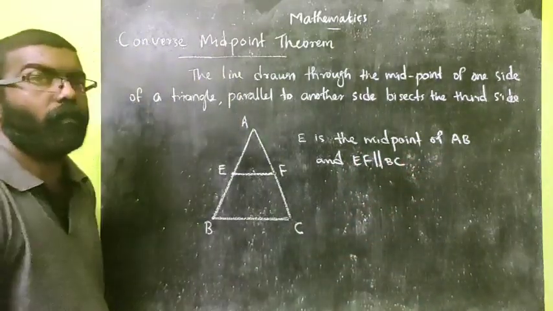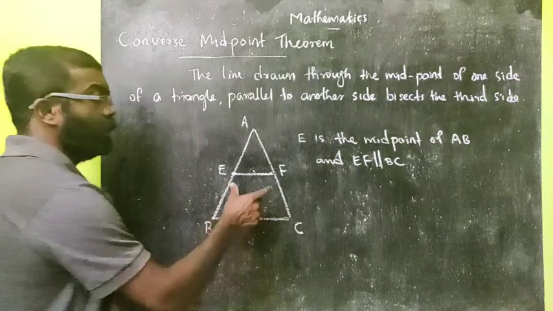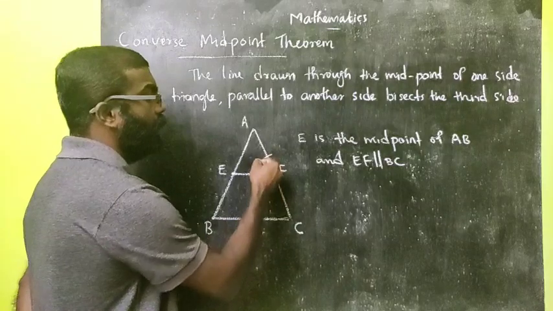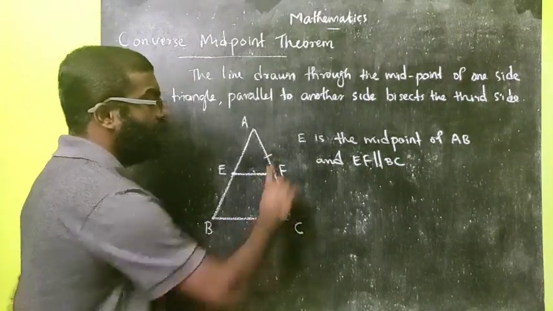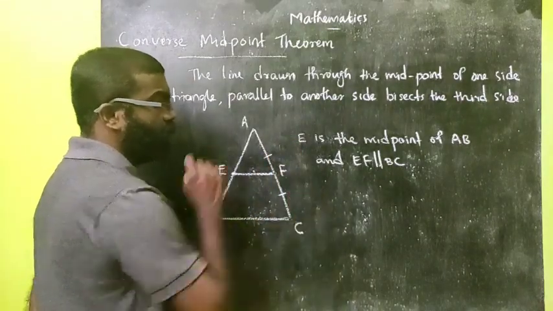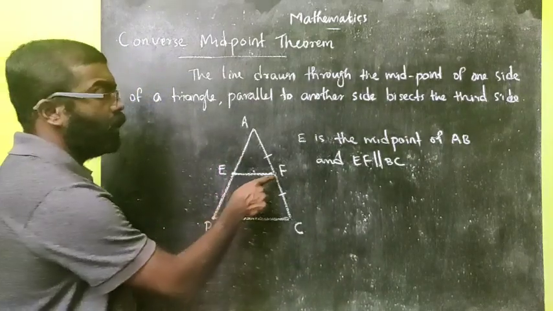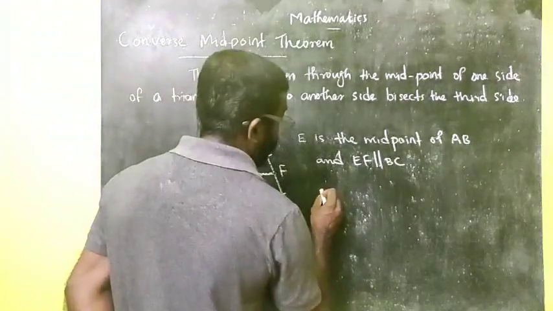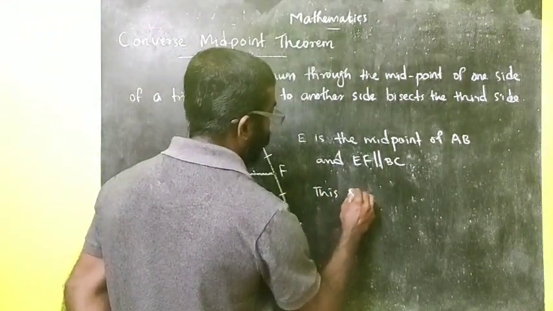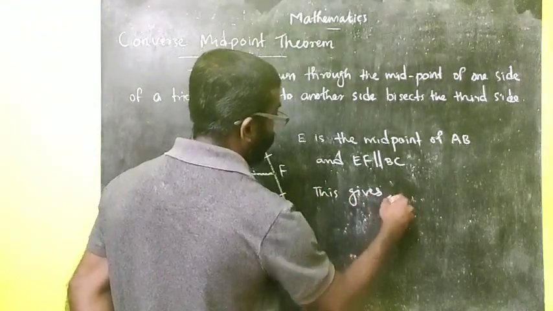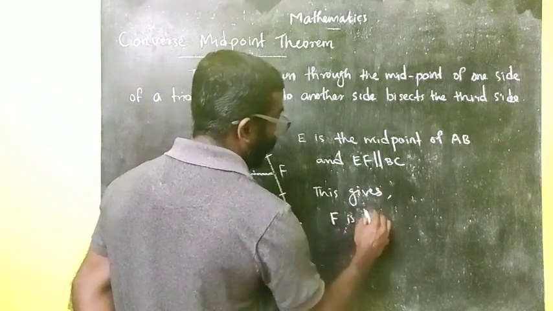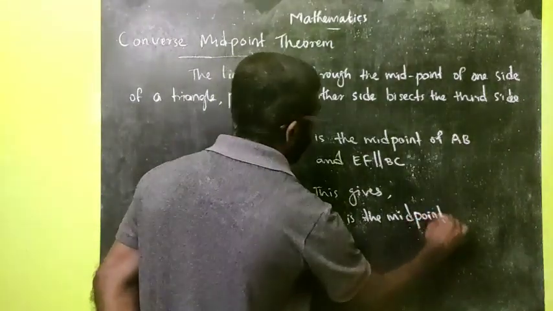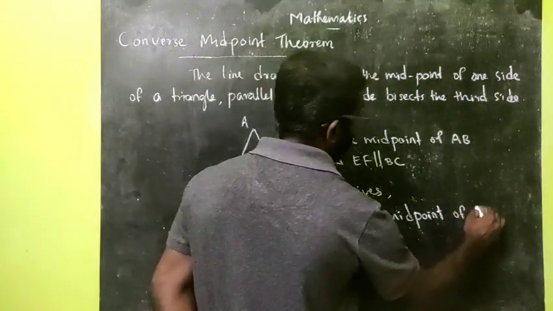And by the theorem, what can we conclude? This line EF bisects the third side AC. That means we can say AF equals FC, or in other words, F is the midpoint of AC.